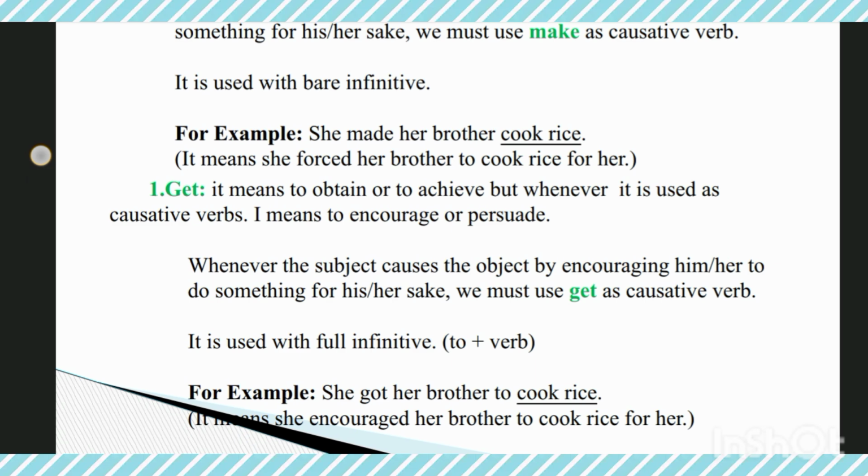Whenever the subject causes the object by encouraging him or her to do something for his or her sake, we must use get as a causative verb. It is used with a full infinitive, to plus verb.